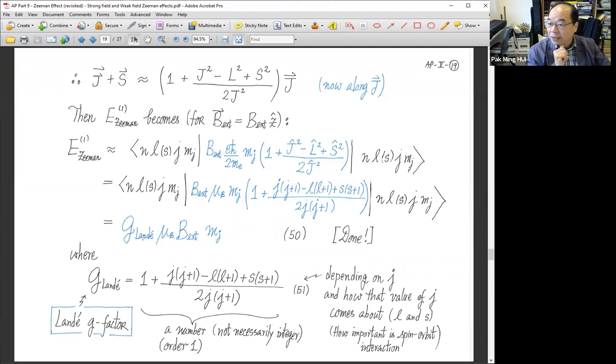I should mention that. Landé was simply working on atomic spectrum, and trying to understand the splitting. So this whole combination will be called the Landé g factor.